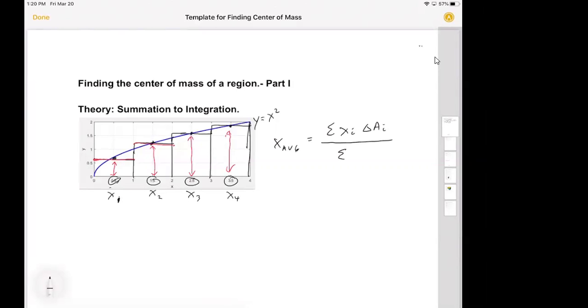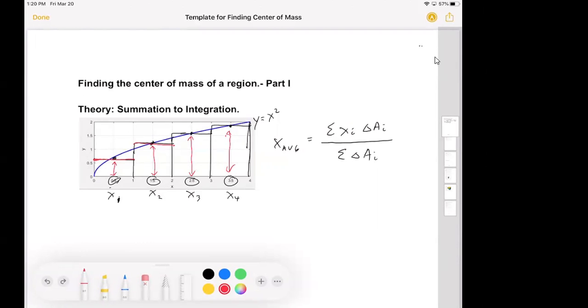And in order to get the average, we then have to divide out the total area. The amount of area stacked over each of the x values tells us how much to weight that x value. So in the summation, the x values where the area is larger, we will end up counting those more as we go to find the average.